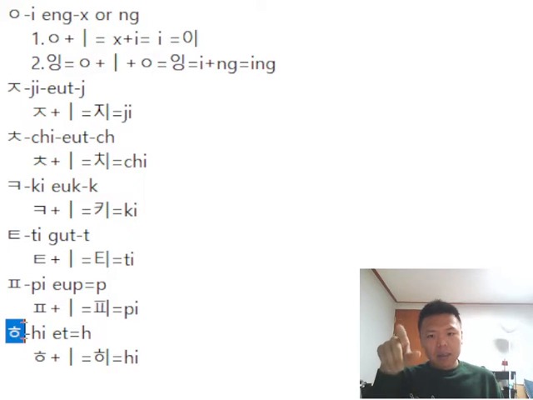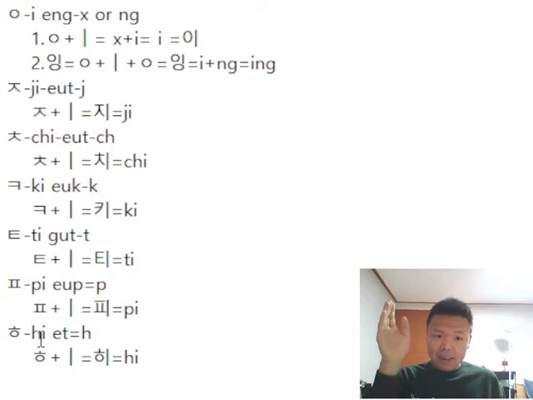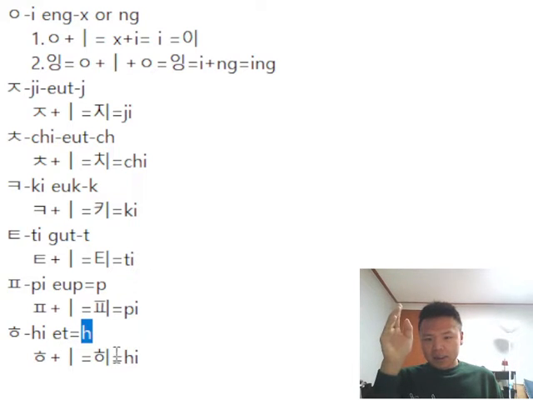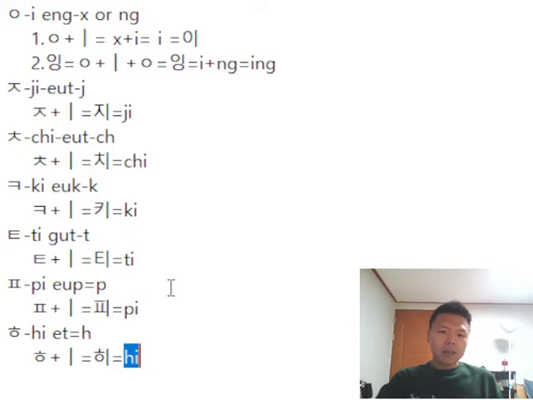And then this is 히읗. This is H, not high. So 히읗 plus 이 equals 히. So, he, not high.